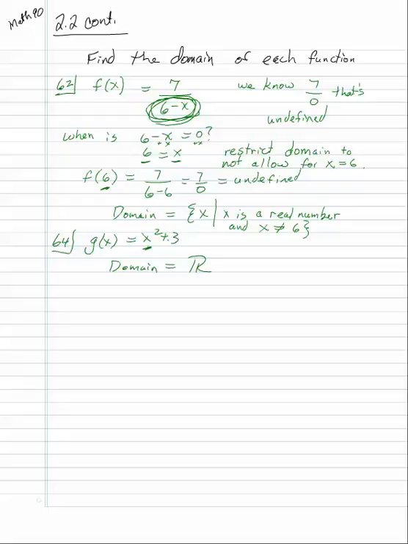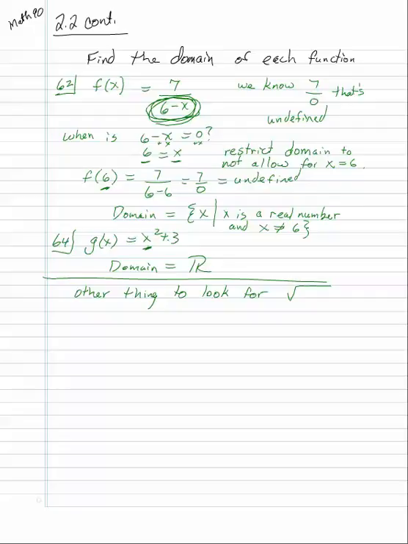And the other thing we look for, which it doesn't look like you have any here in this set, so the two things you look for right now is what makes the denominator 0, and then the other thing to look for is square roots.